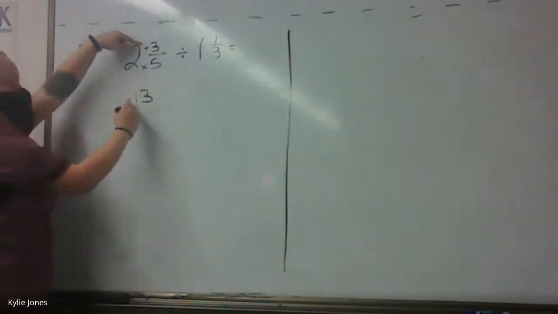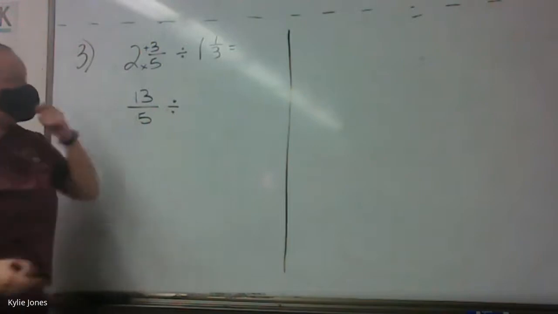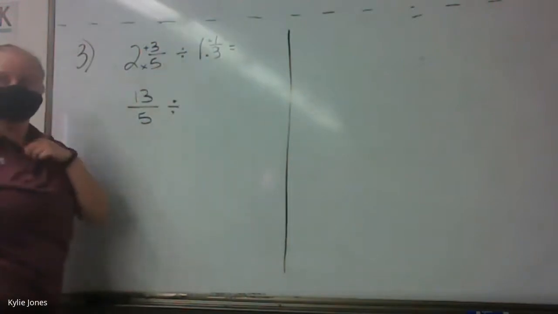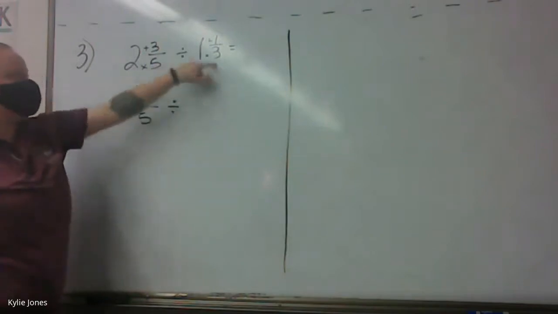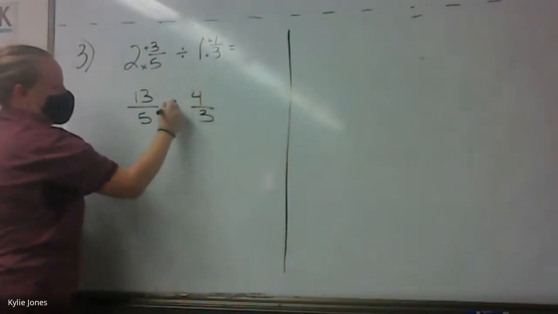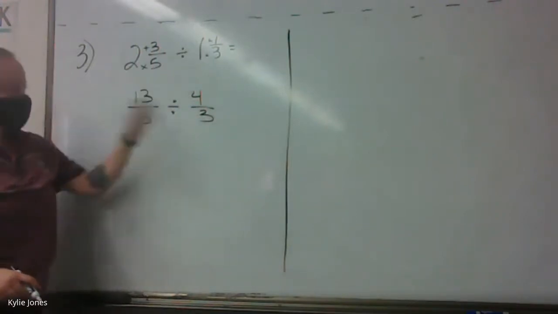Good, so you get 13, and then your denominator stays the same. Divided by, what's this new one? What's 1 times 3 plus 1? 4 over 3.